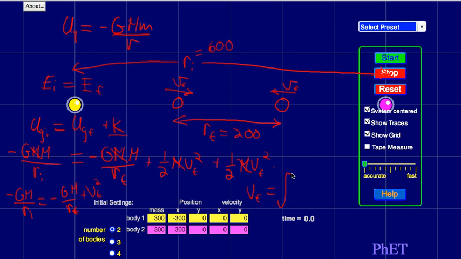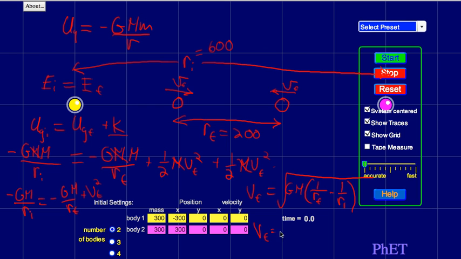It's going to be the square root. I'm going to skip a few steps in algebra here, but you can see I need to add this term over here, and then I can factor that G M out. And so I get 1 over R final minus 1 over R initial. We are using the simulation's values for G and using the units of the simulation.